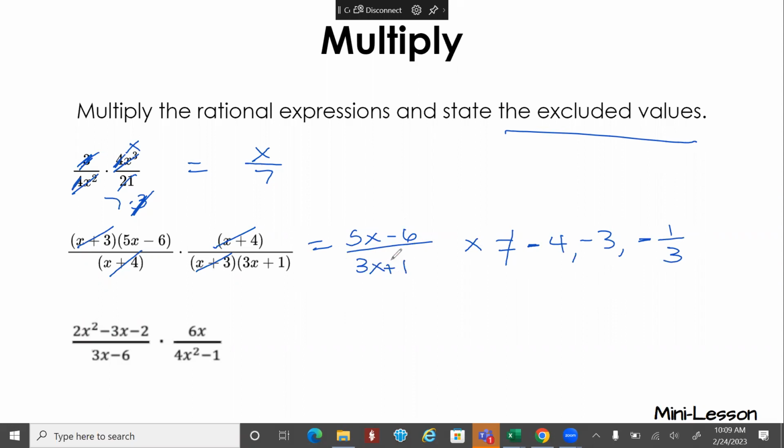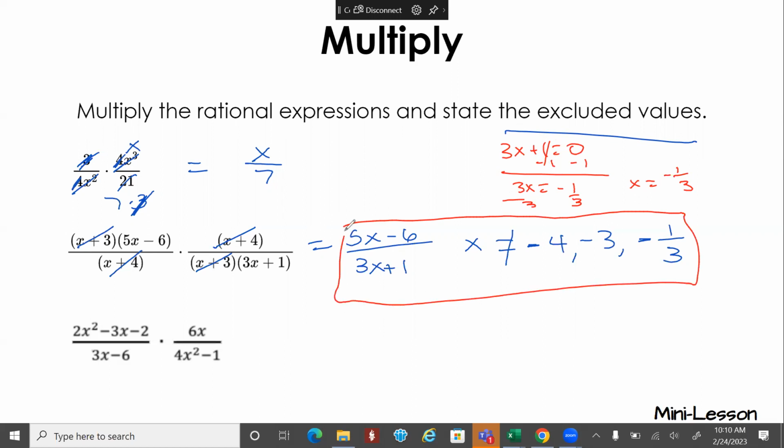So if we took that 3x plus 1, and we set it equal to 0, and we solved. Yes, because that's in the denominator. Then it would give us x equals -1/3. So this entire thing is our answer.